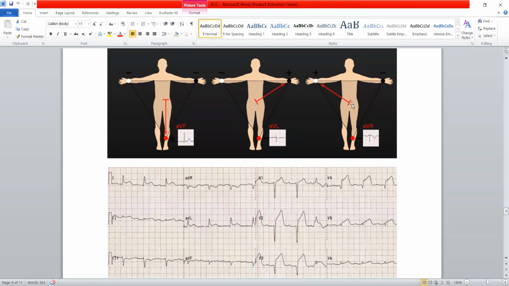So what will happen if the current flows away from a lead? If the current flows away from a lead, the current is flowing downward and toward the left, and lead AVR is on the right hand and on the upper side of the heart. So it's normal to have all the negative waves in lead AVR.